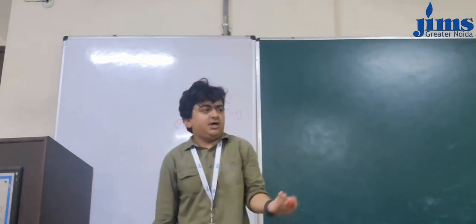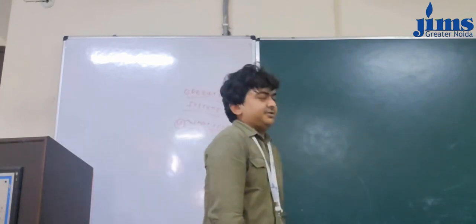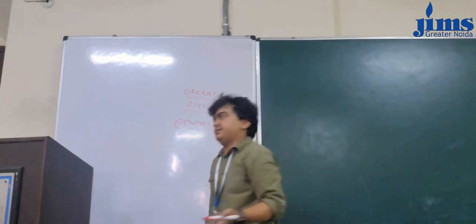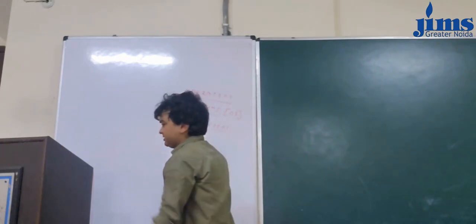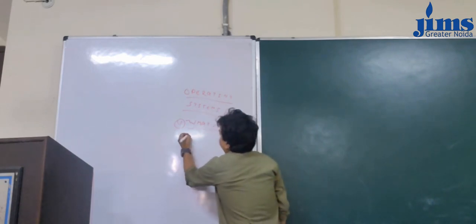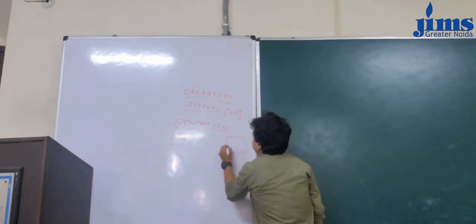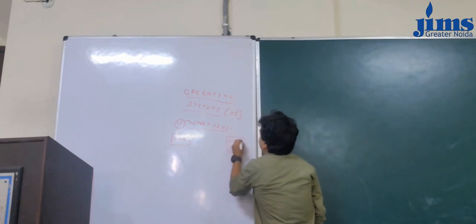Before going into how it works, what is it? There is no complex definition of OS. It's just the simplest definition of what it does: it acts as a mediator between us and the computer hardware.